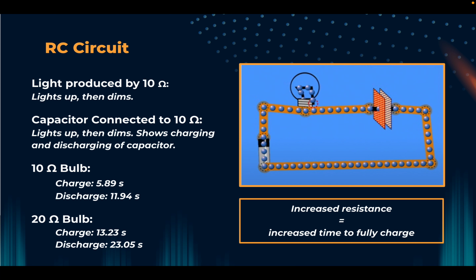More specifically, the 10 ohm bulb charged in 5.89 seconds and discharged in roughly 12 seconds, versus the 20 ohm bulb, which took longer to charge and discharge at roughly 13 seconds charge and 23 seconds discharge. Because of that, we find that when you increase resistance, it also increases the time it takes to fully charge.